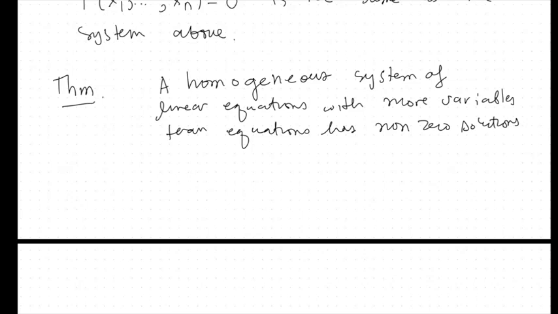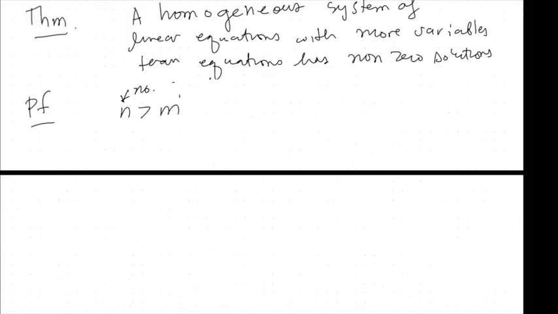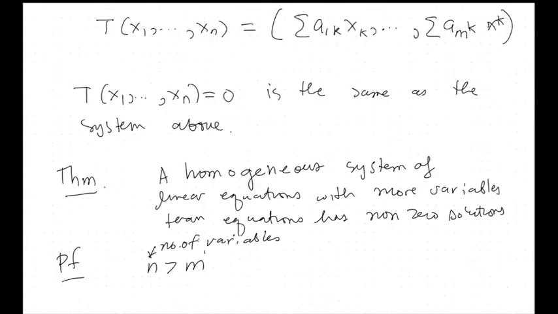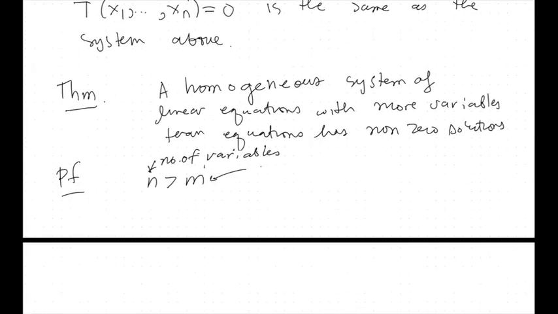We have n variables, and because n is greater than m, we have a proof outline. n is the number of variables, in this case x_1 to x_n, and m is the number of equations.